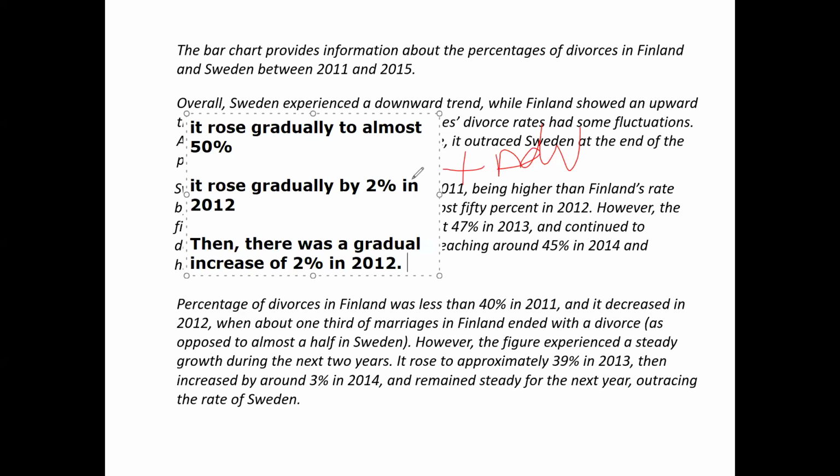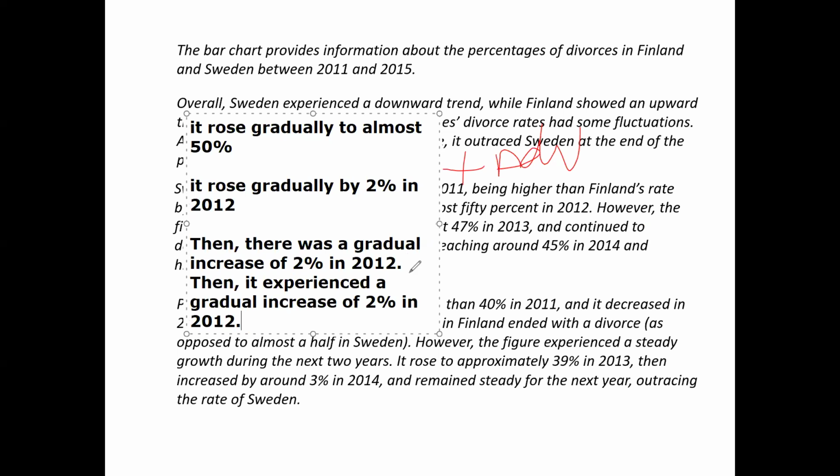Or you can say, then it experienced a gradual increase of 2% in 2012. Can you see now? I have mentioned all three structures. It depends on you which structure you want to write.